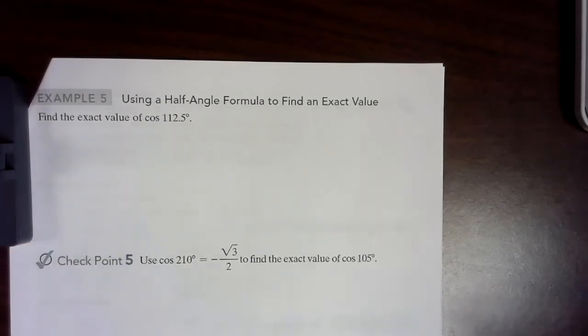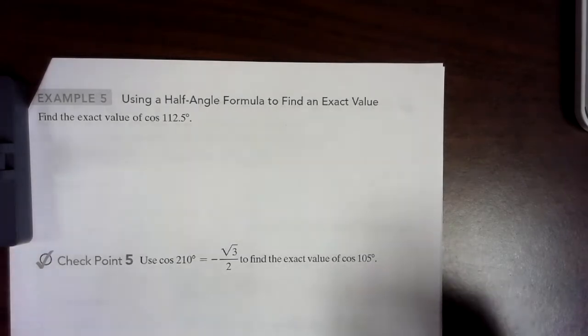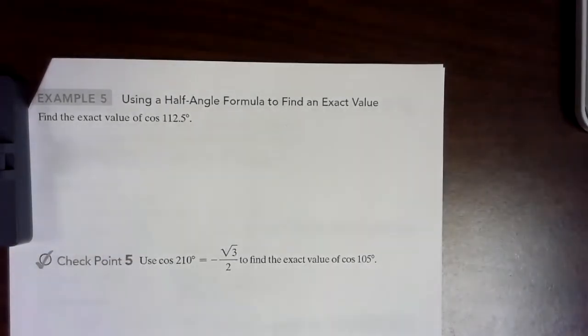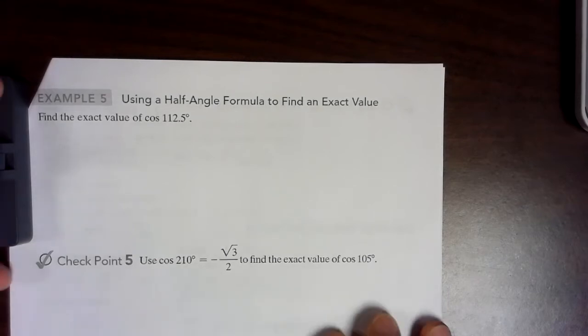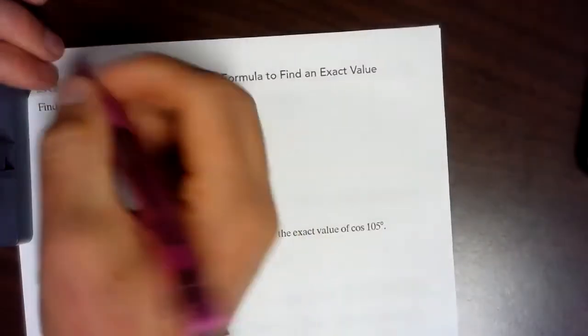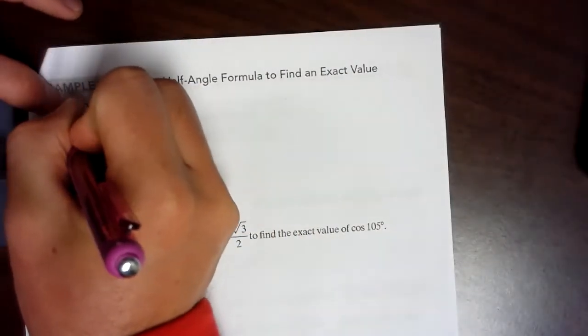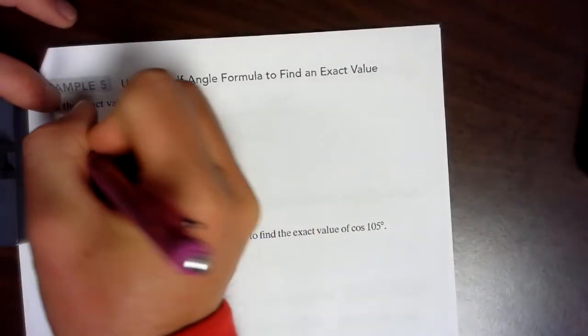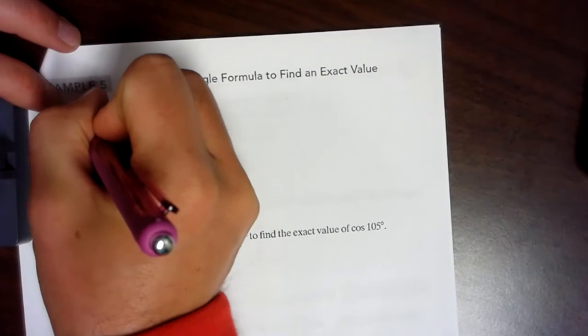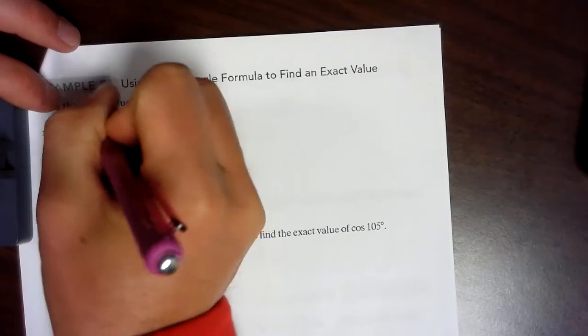Well, without the use of a calculator, we need to use things we can do with the unit circle. So I know I want to use that half angle formula. What angle divided by 2 gives me 112.5? That'd be 225, right? So instead of finding cosine of 112.5, we're really finding cosine of 225 divided by 2.